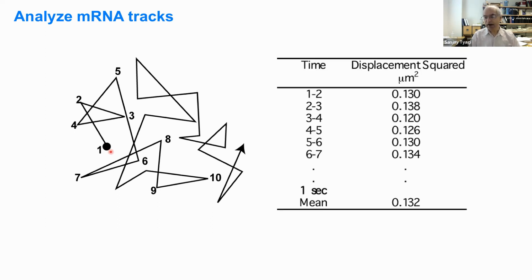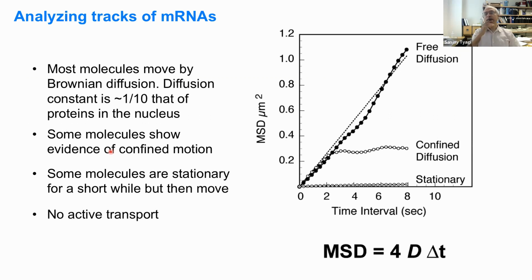And that's exactly what is taking place with these RNA molecules. I should say one more thing about this. The diffusion constant of these molecules was slower than typical proteins. They're about 1/10 as mobile. And that is rational because there are about a dozen or 2 dozen protein molecules bound to an average RNA.